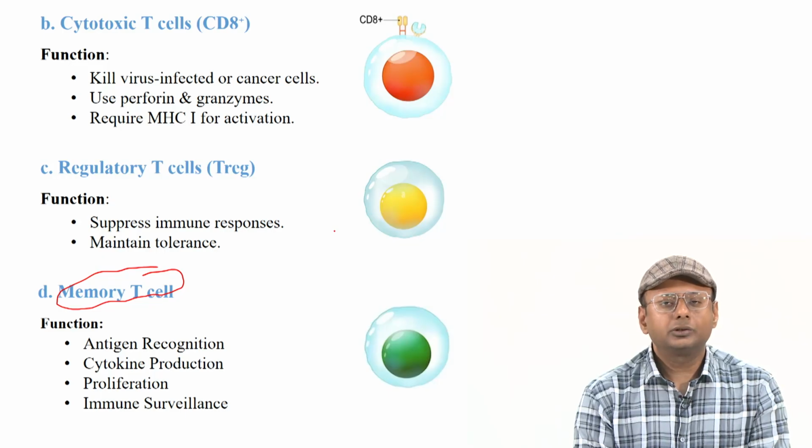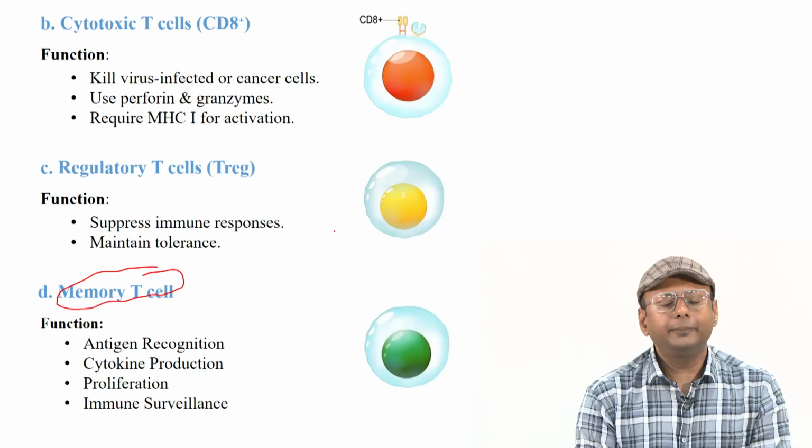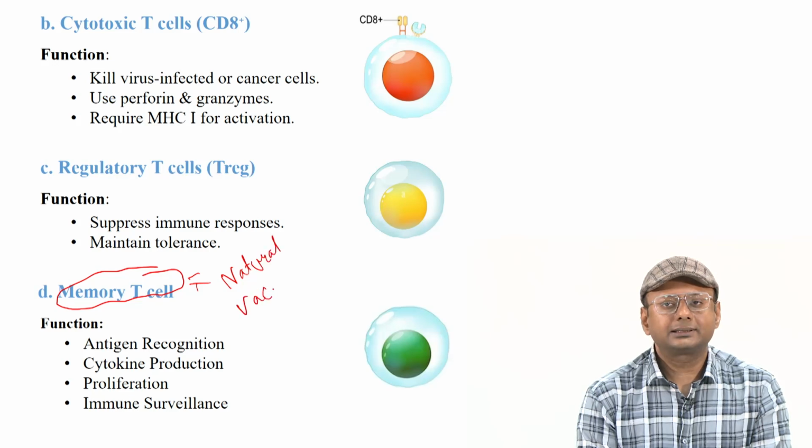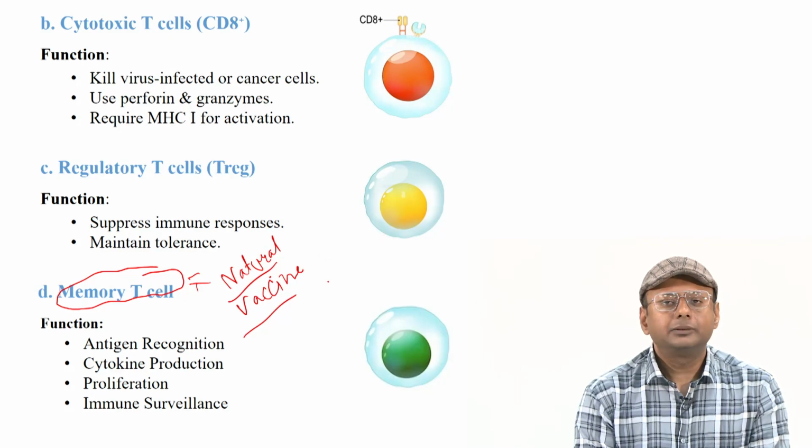If they see that those antigens are harmful to our body, they can secrete a lot of cytokines. So you can say these memory T cells act as natural vaccines in our body. This is a vaccine-type mechanism, although they don't produce antibodies, but they act as cellular vaccines in our body.